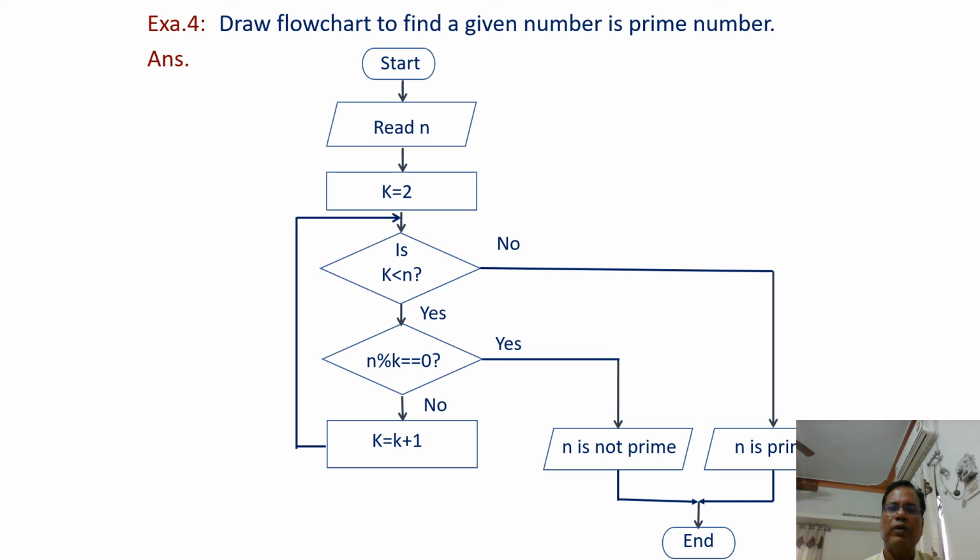So in this way we go on incrementing the value of k and dividing the number by each value, and once we find that the remainder equals 0, that is, this condition is true, then we display that n is not a prime number. If the remainder is not found to be 0, and we find that k is not less than n, we display that n is a prime number.